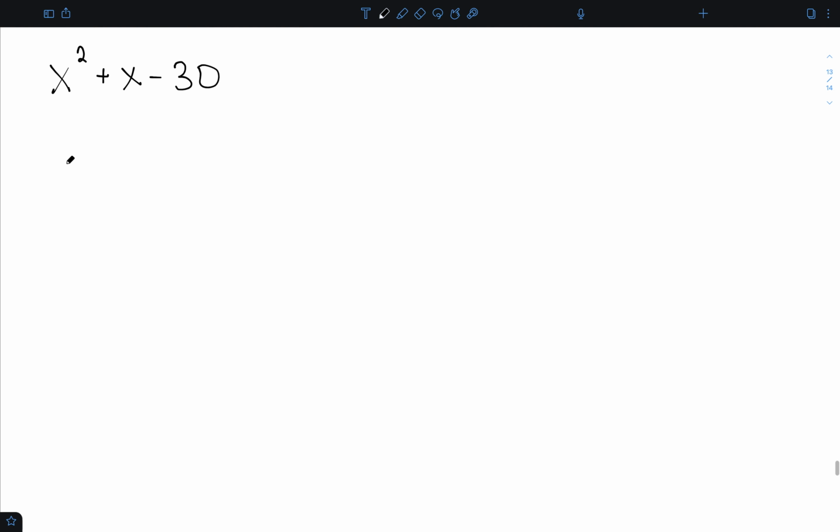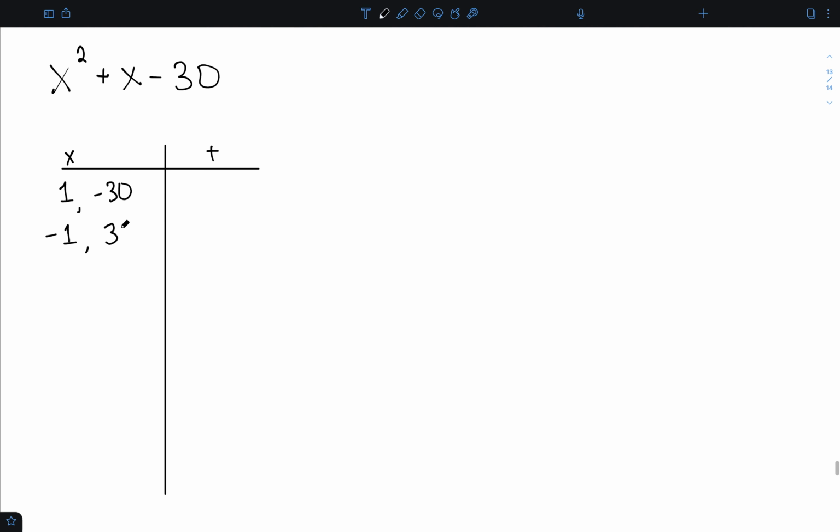Now let's look at x squared plus x minus 30. So let's think about all the things that multiply to be negative 30. Well, we have 1 times negative 30. We also have negative 1 times 30. We have 2 times negative 15, or negative 2 times 15. 3 times negative 10, or negative 3 times 10.